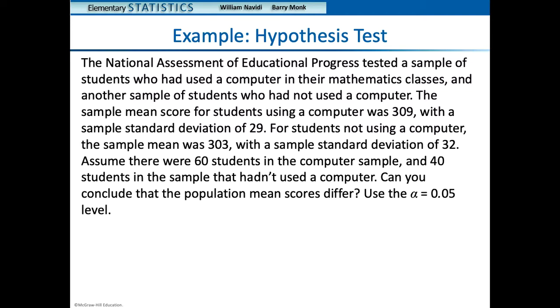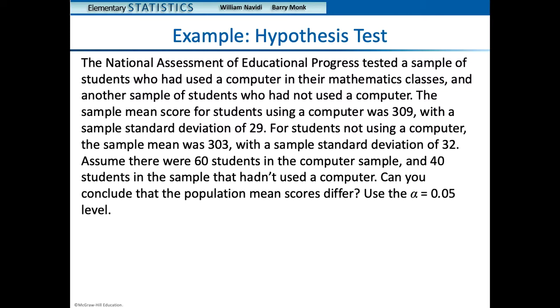For students not using a computer, the sample mean was 303, with a sample standard deviation of 32. Assume there were 60 students in the computer sample and 40 students in the sample that hadn't used a computer. Can you conclude that the population mean scores differ? Use the 0.05 level of significance.